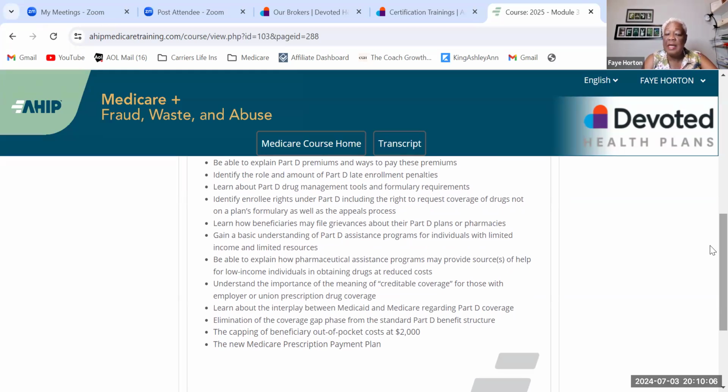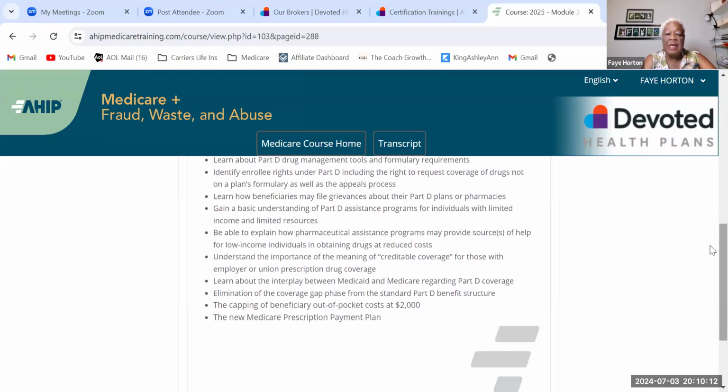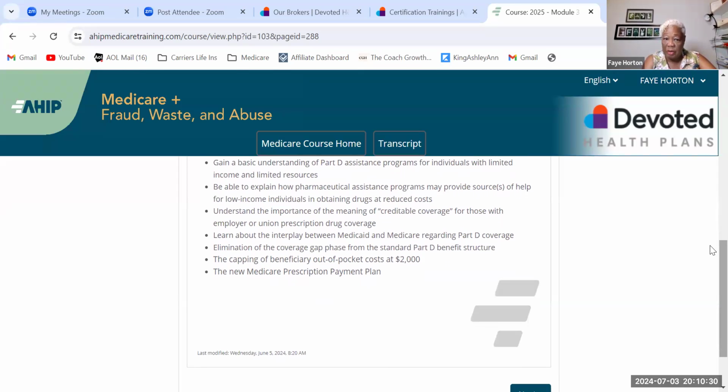Gain a basic understanding of Part D assistance programs for individuals with limited income and limited resources. Be able to explain how a pharmaceutical assistance program may provide sources of help for low-income individuals. Understand the importance of the meaning of credible coverage for those with employer or union prescription drug coverage.